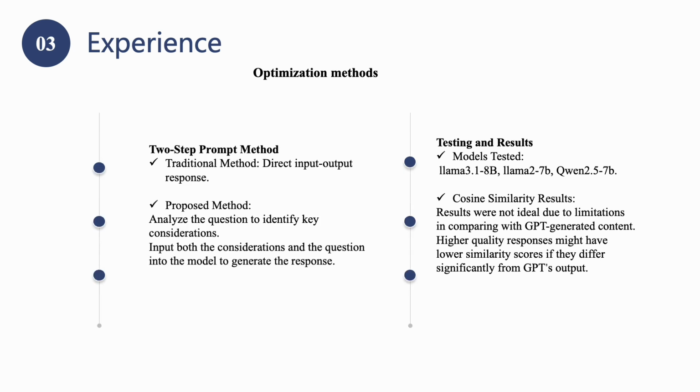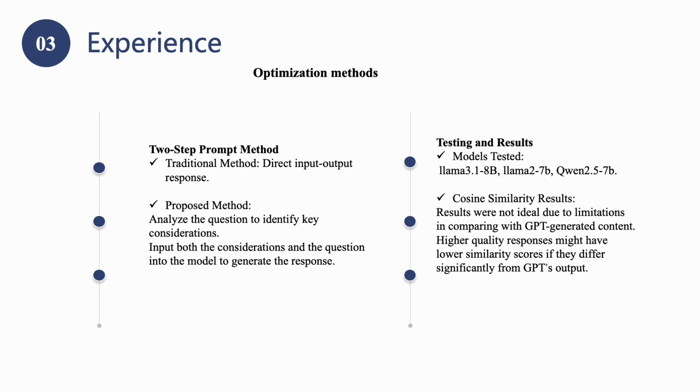Now that the preparation work is over, the next step is to test our optimization method. Compared with the traditional direct input and output response, we will first use prompts to let the model analyze the problem to determine the key considerations, and then input the considerations and questions into the models to generate a response.